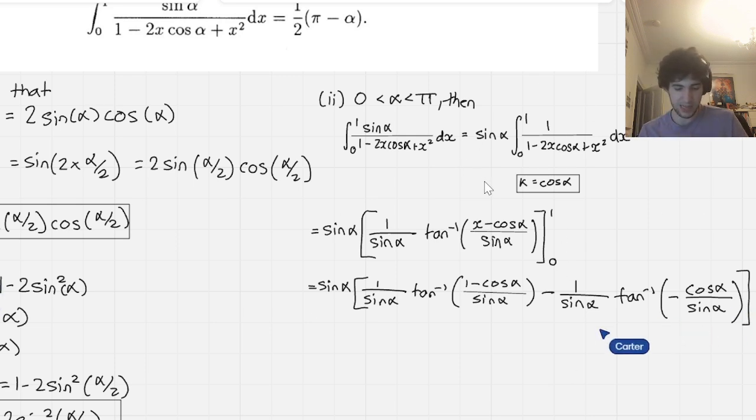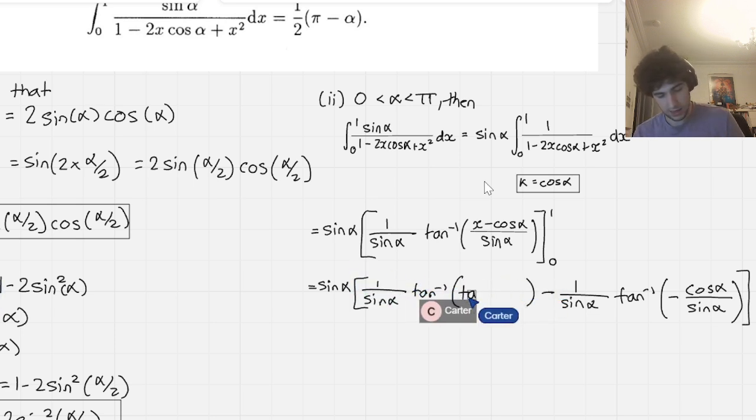And we immediately notice this: 1 minus cosine alpha over sine alpha. We know that's tan of alpha over 2. So we can just replace this with tan of alpha over 2. So this just gives you arctan of tan of alpha over 2.